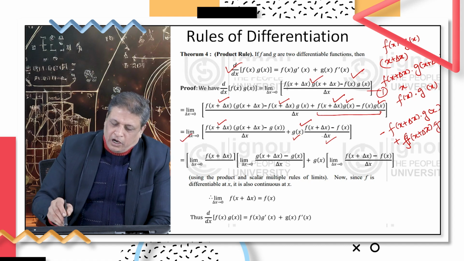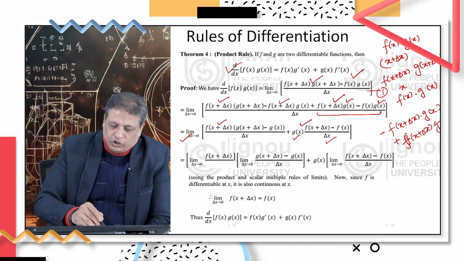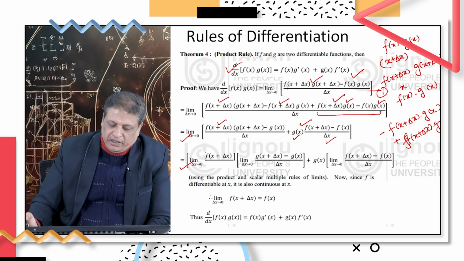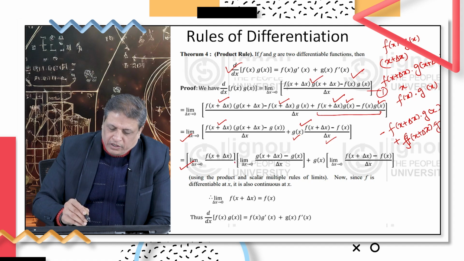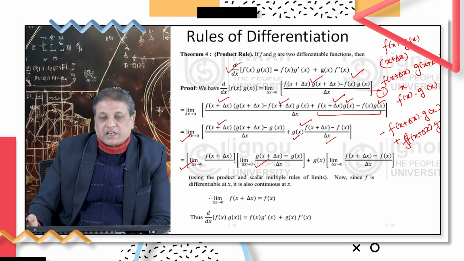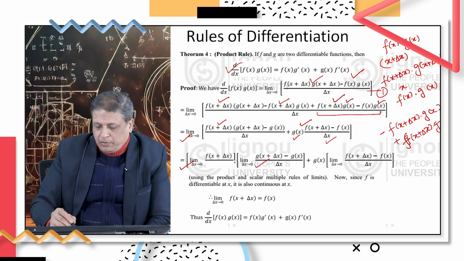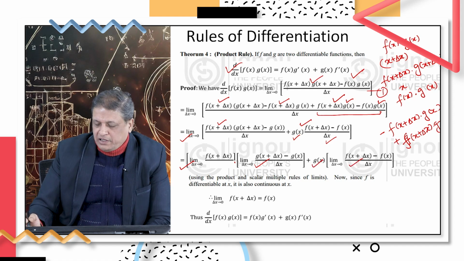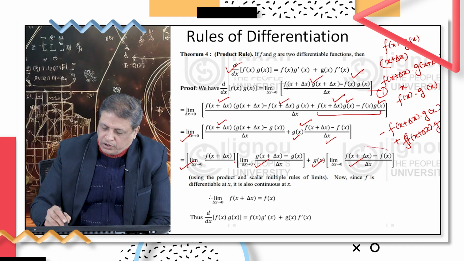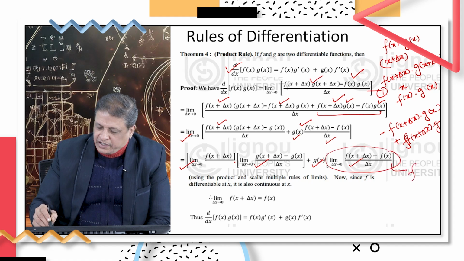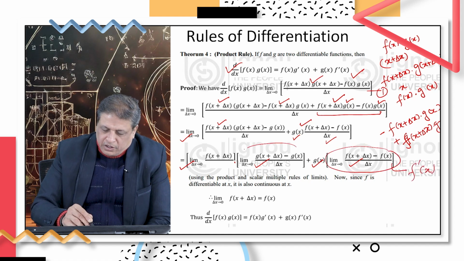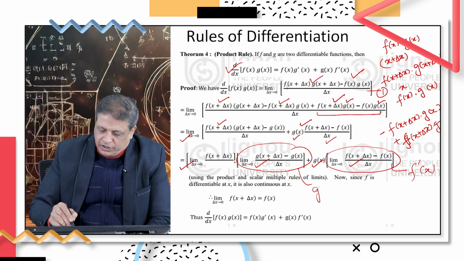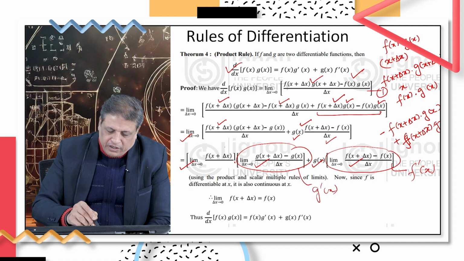Again, spreading the limits across the expression, you will get the limit delta x tends to 0 of f(x plus delta x) into the limit delta x tends to 0 of g(x plus delta x) minus g(x) upon delta x, plus g(x) into the limit delta x tends to 0 of f(x plus delta x) minus f(x) upon delta x. So this turns out to be f dash x, this turns out to be g dash x, and this turns out to be only f(x).